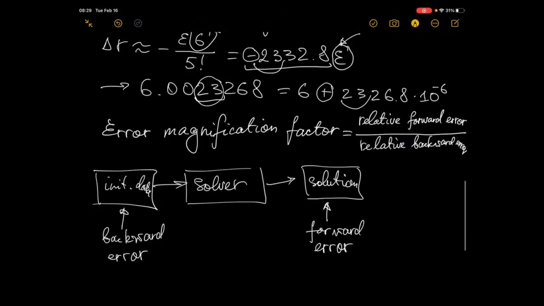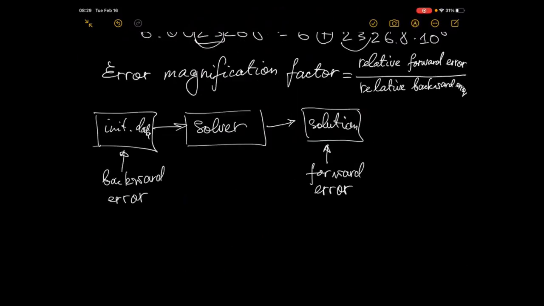So essentially, if we got r plus delta r, this is the forward error, while in backward error, if we had f of x plus epsilon g of x, this was the backward error.